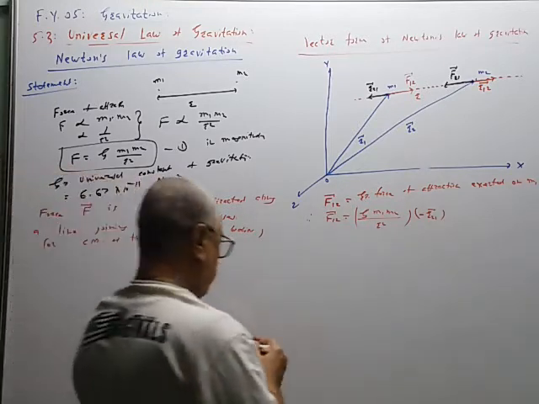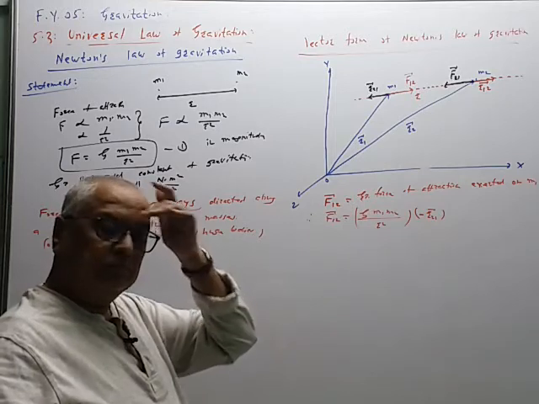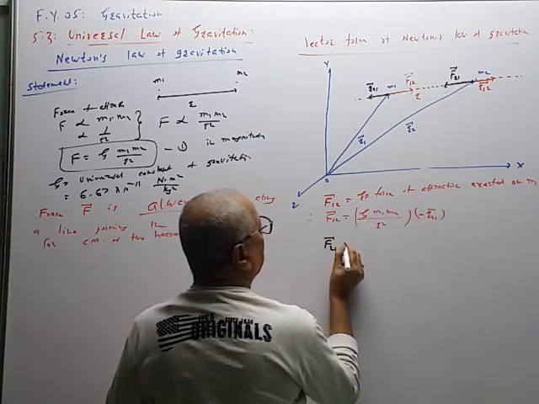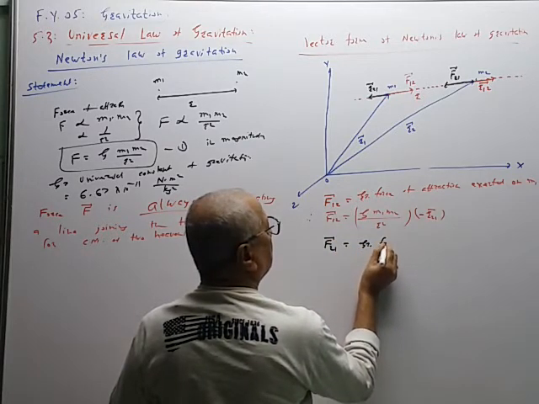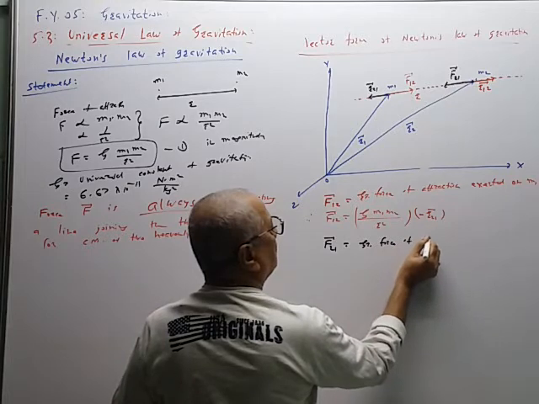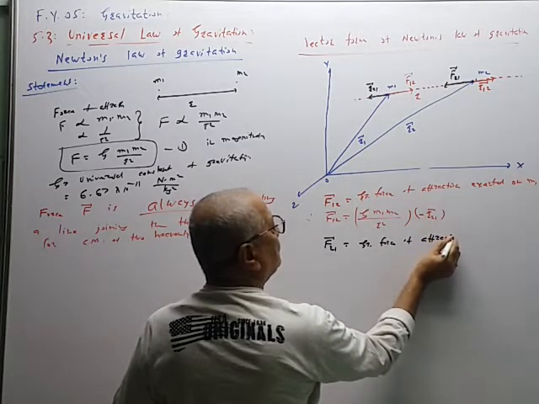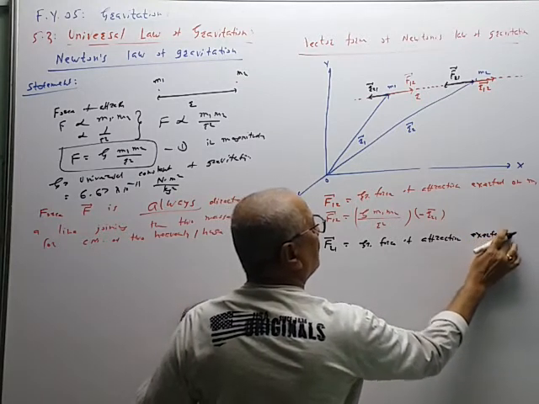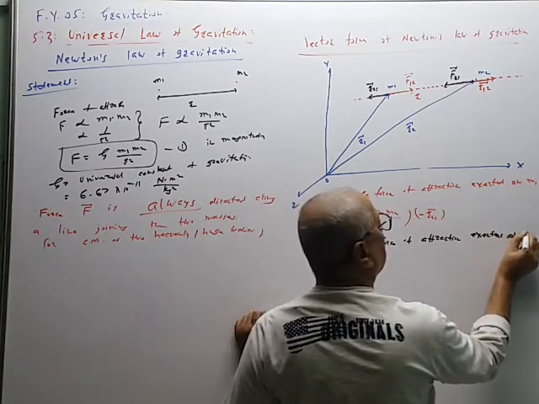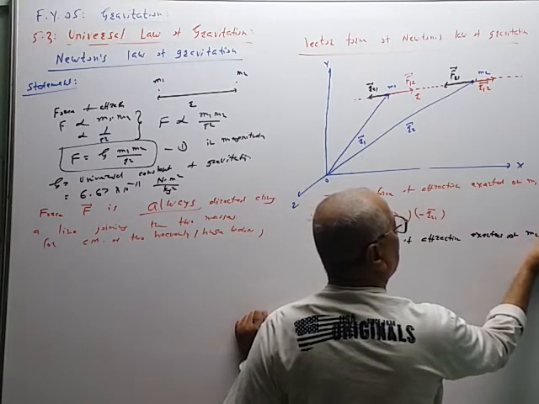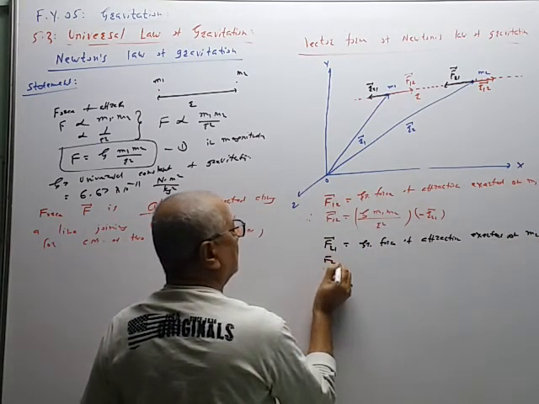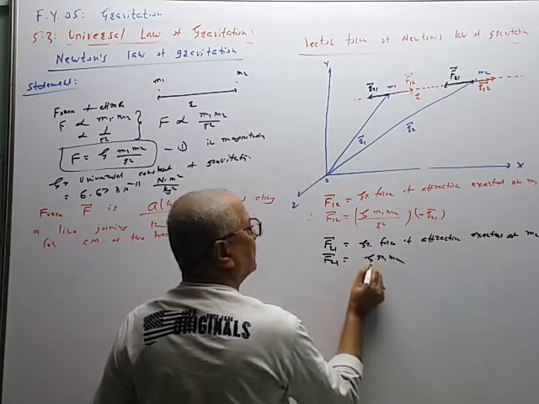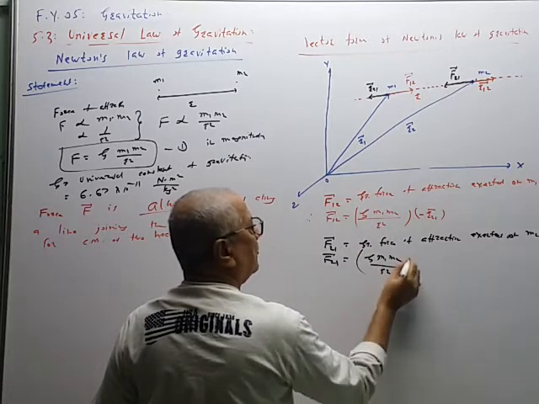This is a vector form. And F21 is equal to the gravitational force of attraction exerted on m2 by m1, and F21 is given by G m1 m2 upon r square, where r is the distance between them, into.